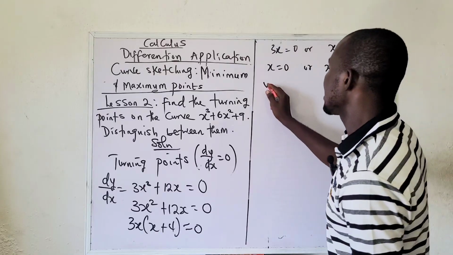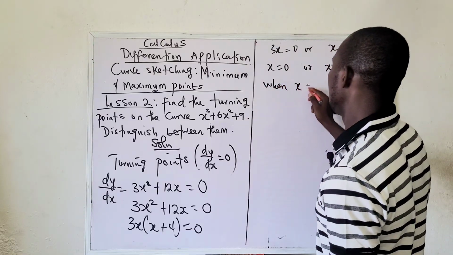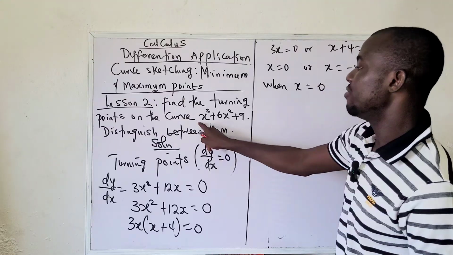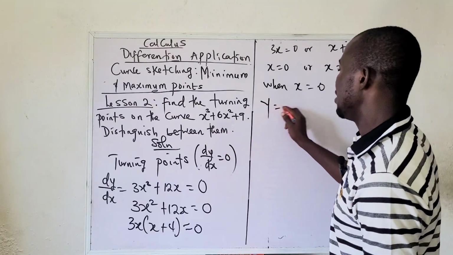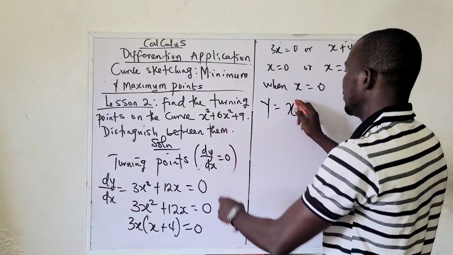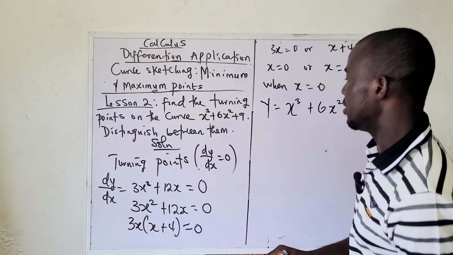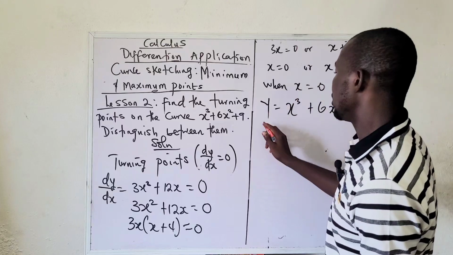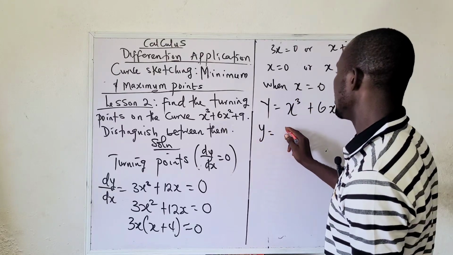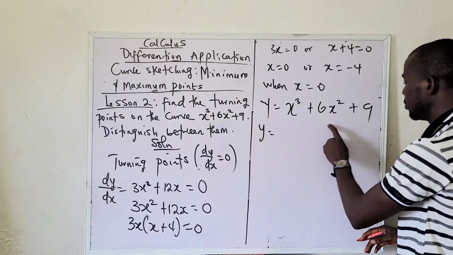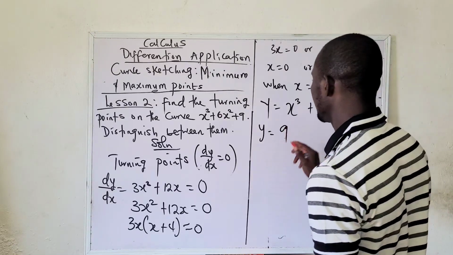So when x is equal to 0, what will be our y value? That's just the function we are given, x cubed plus 6x squared plus 9. When x is equal to 0, if you plug in 0 here, y will be 9.